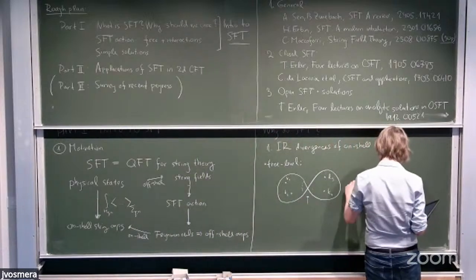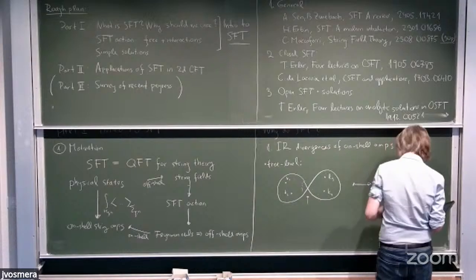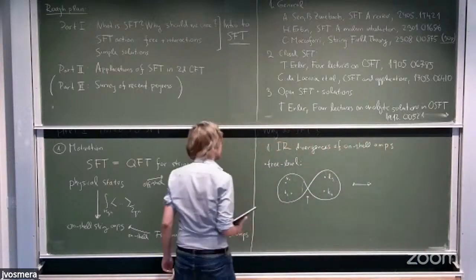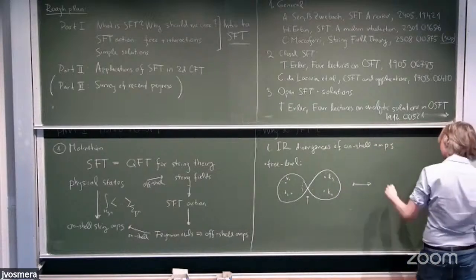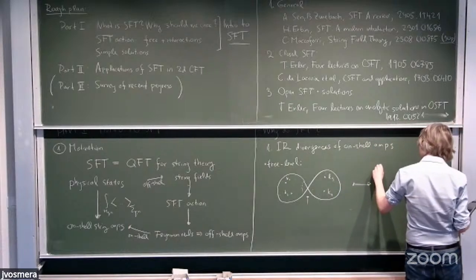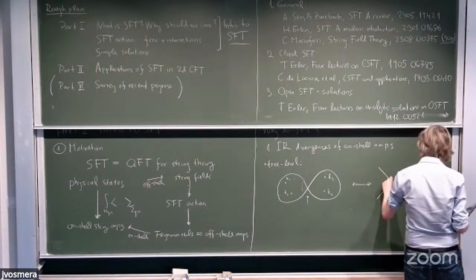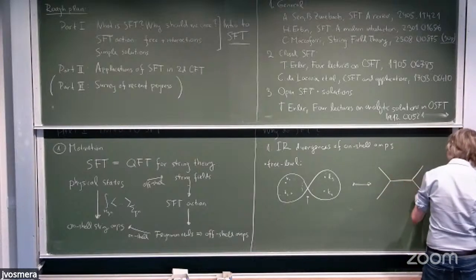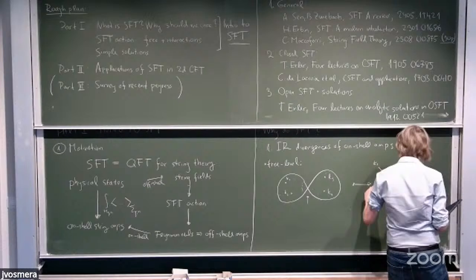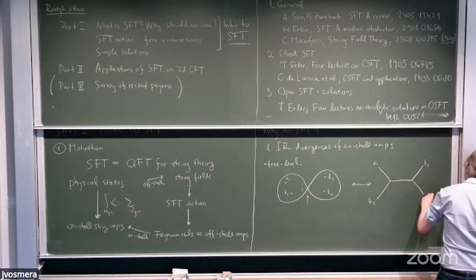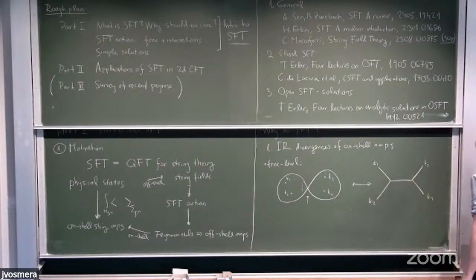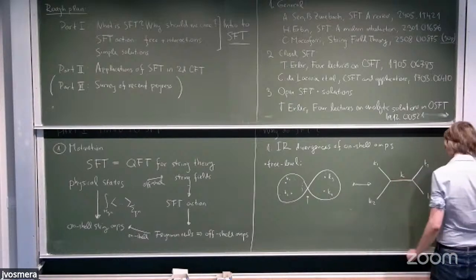So in this region of the moduli space of this 4-punctured sphere, this amplitude can be clearly represented by a Feynman diagram, where I have K1, K2, K3, K4 at the external legs, and momentum K propagating in the middle.